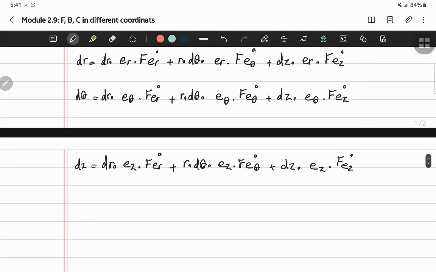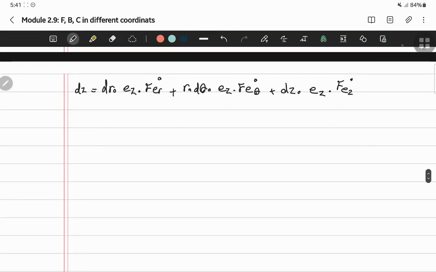Perfect. So now we have dr, d theta, and dz. So we can get different components for, this is F_RR, right? So we can get different components for, let's say, F_RR, and then this is, for example, F_R theta and the rest.